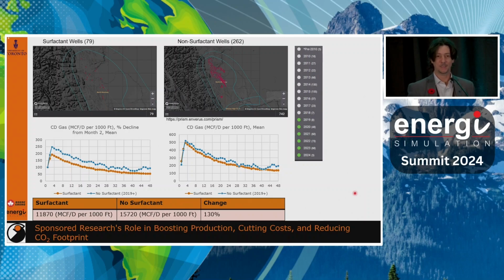I didn't realize, up to this plot, that every single well completed without surfactant is producing apparently about 30% more gas than those completed with surfactant.